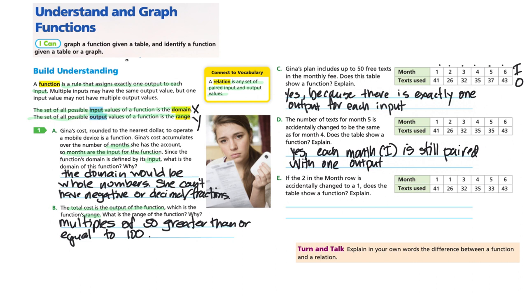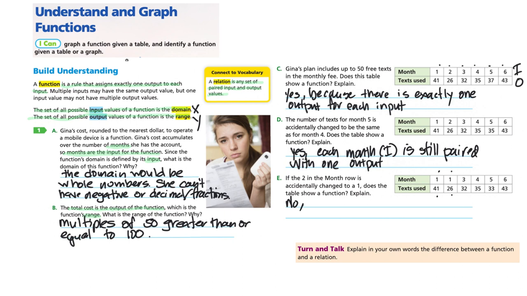And then E, if the 2 in the month row is accidentally changed to a 1, does the table show a function? So now you have, in month 1, they say 41 and then also 26. So that's impossible. You can't have 2 different numbers of texts shown in the same month. So now this is no longer a function. And you can do different things.